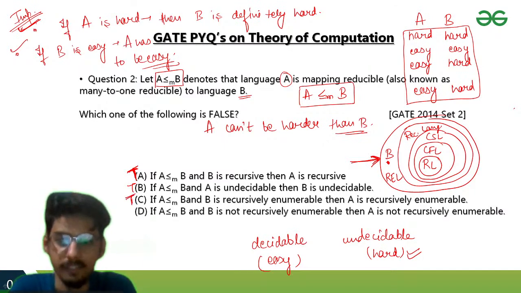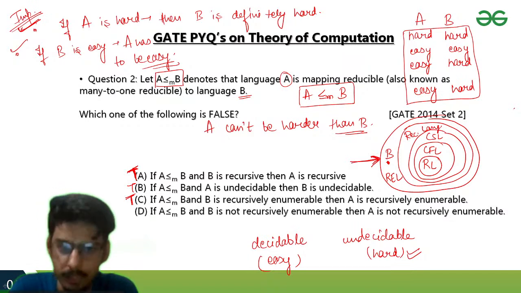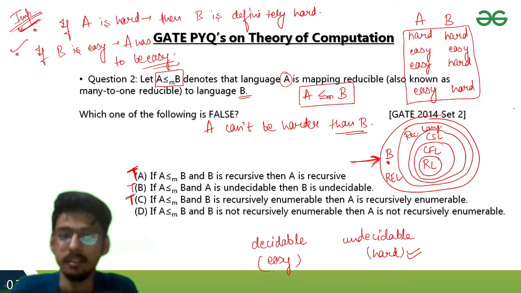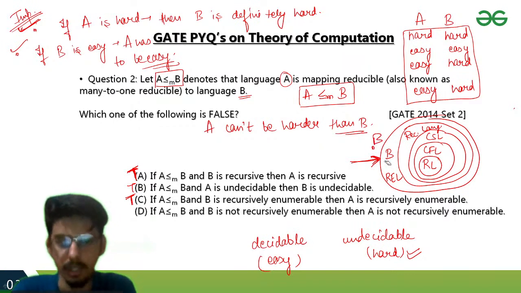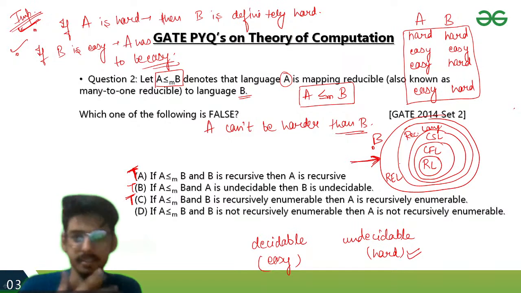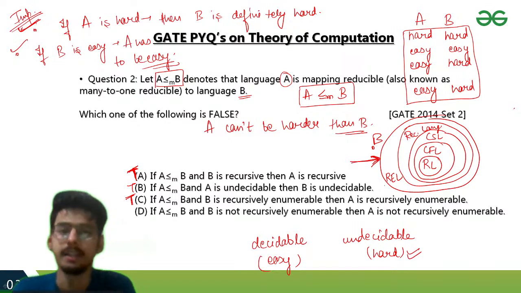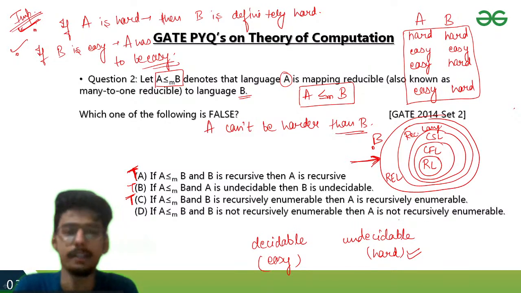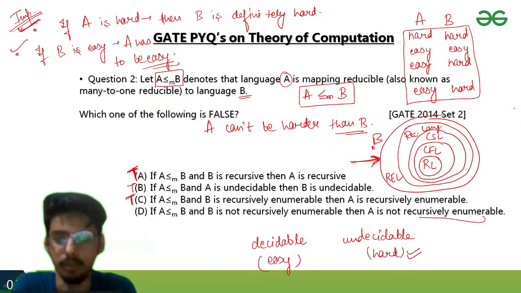Now let's see if D is false or not. If B is not recursively enumerable, which means that B is somewhere outside this outermost circle, then A is also not recursively enumerable. No, this is false.